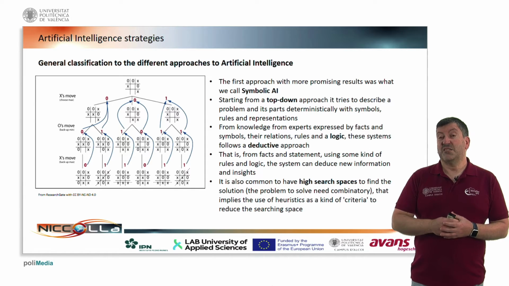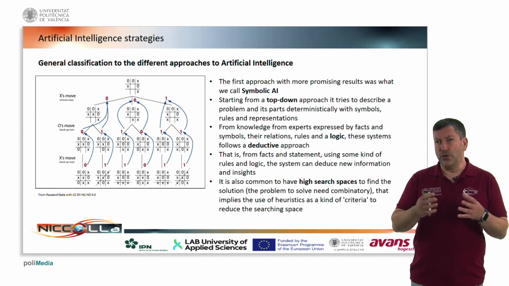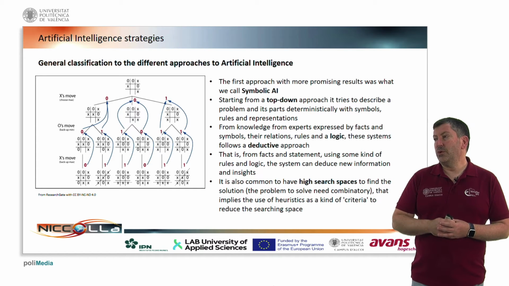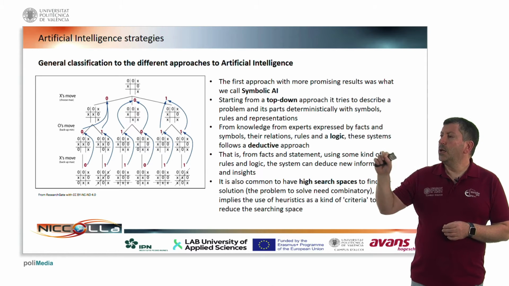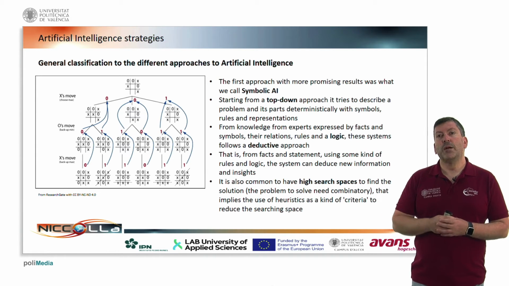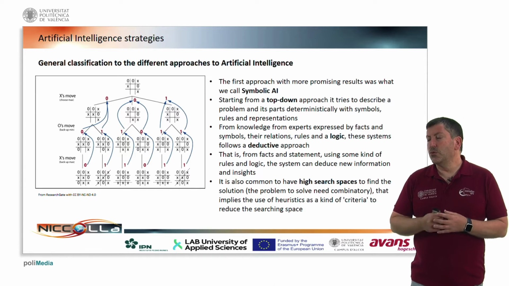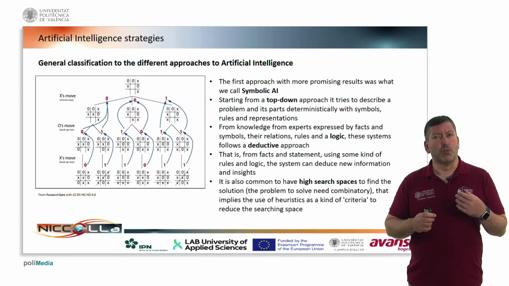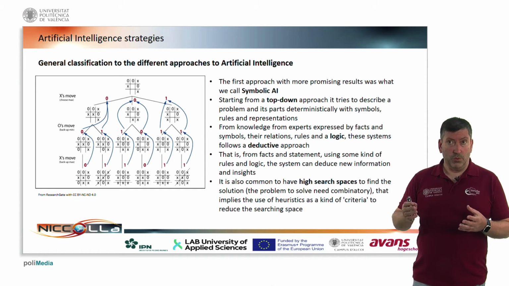So what we have to do is basically the same thing, to try to search and make combinations. But of course, in this diagram, what we try to do in these cases is to discard some options, okay? So this means that in every node of this tree, we apply what we call a heuristic, which means that we try to figure out if it is interesting or not to explore this node.